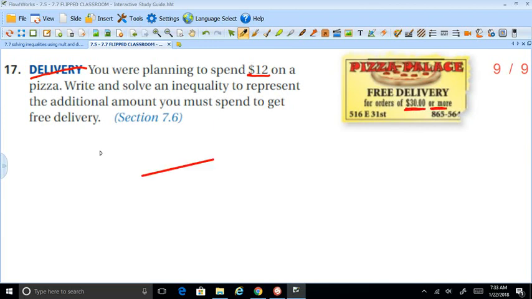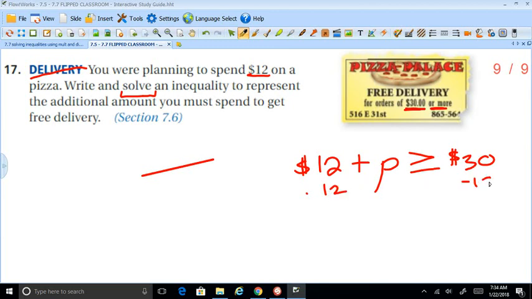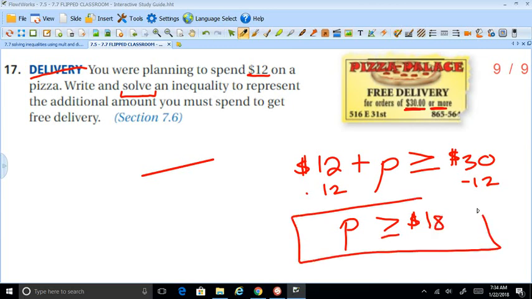So, if we have already spent $12, plus we're going to spend more money on pizza, so I'm going to call it P, plus some money for more pizza, it must be greater than or equal to $30 to get free delivery. This time it says write and solve. So let's now solve this. To get P by itself, subtract 12, subtract 12. You must spend at least $18 more on pizza to get free shipping.